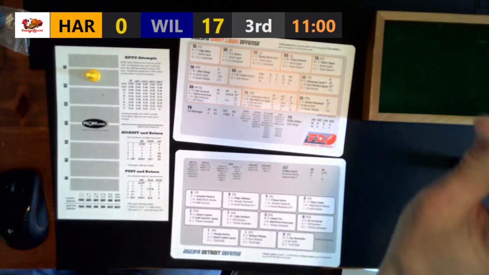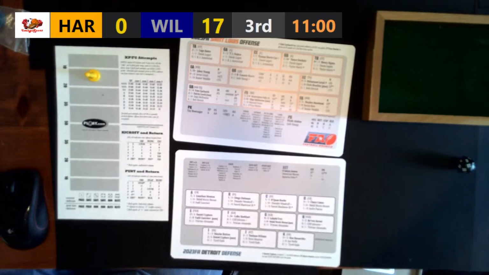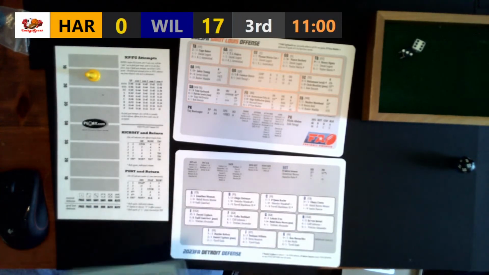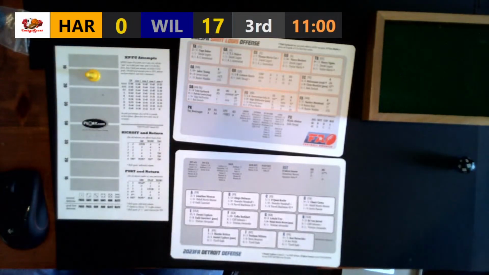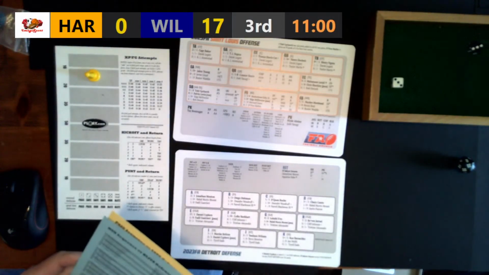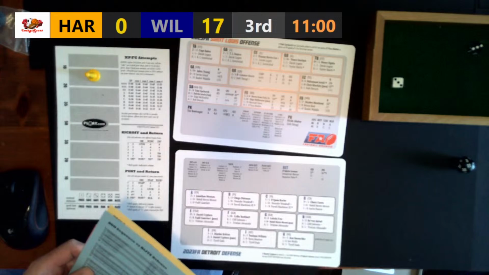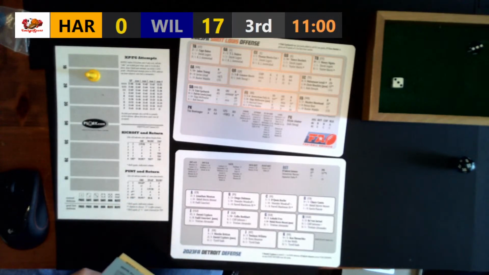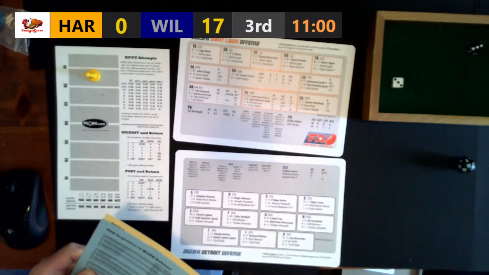Down by 17. Certainly, if they want to get back into this game, they probably need to score on this drive. So they're going to start with a run sequence against a blitz. 33, at least one player rated run 0 on the O-line. And yes, there is Vance Dockett on their own side of the field.